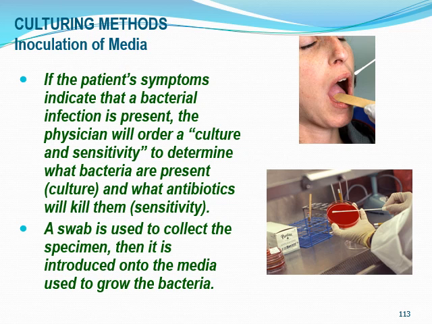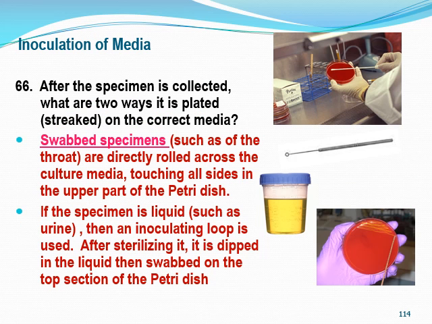Same thing, a swab is used to collect the specimen, then it's introduced onto the media, and you use that to grow that bacteria. So now we're talking about ways to get your specimen plated on your media, right? And one way, and we talked about this earlier, is the swab specimens, right? So you take that swab that you get from a wound or your throat or whatever, and you swab it onto that plate, okay? And so you do it in just the top, the upper part of the Petri dish.